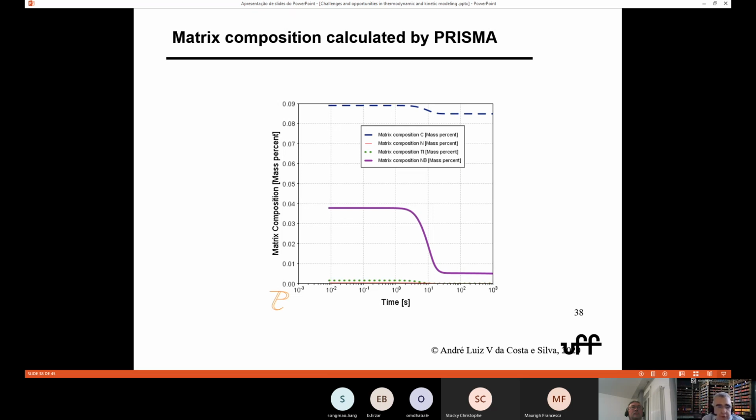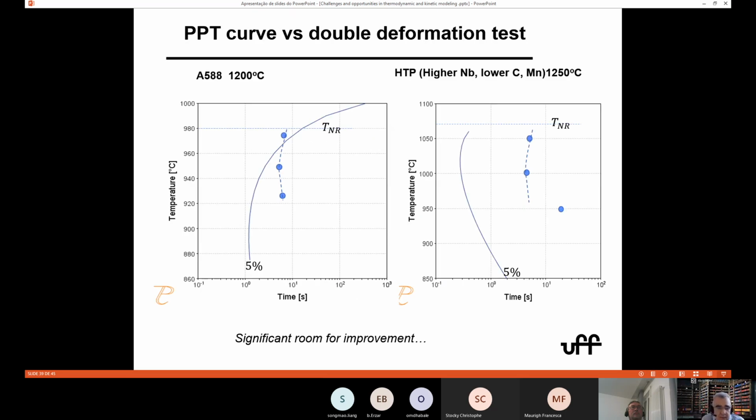Now, if you try to use it in industry, it can be interesting. So on the left is the same steel, the A588 that I presented before. This was heated in the plate furnace at 1200. And this is our 5% precipitation curve. Here, a 980 temperature of non-recrystallization.